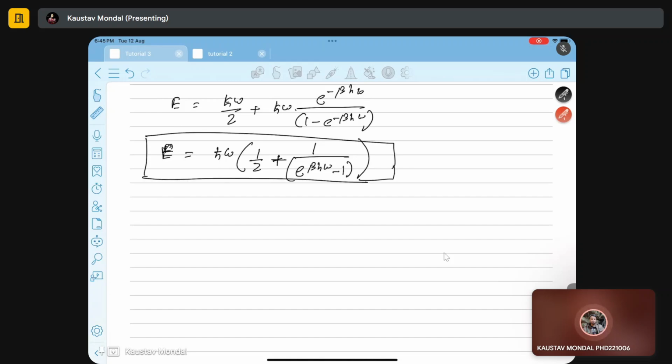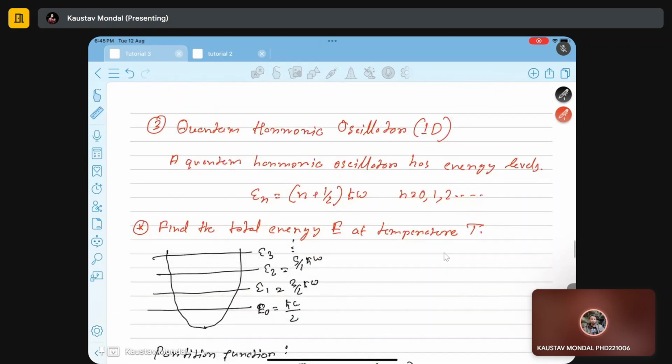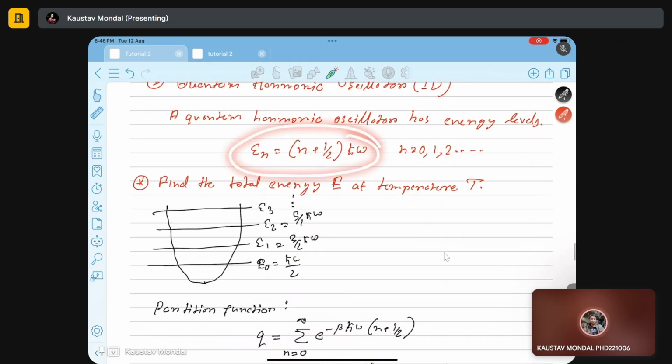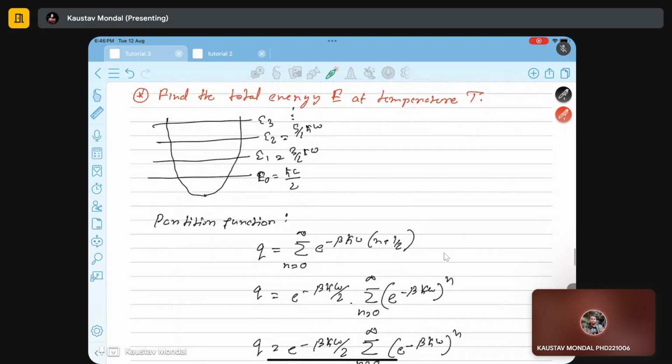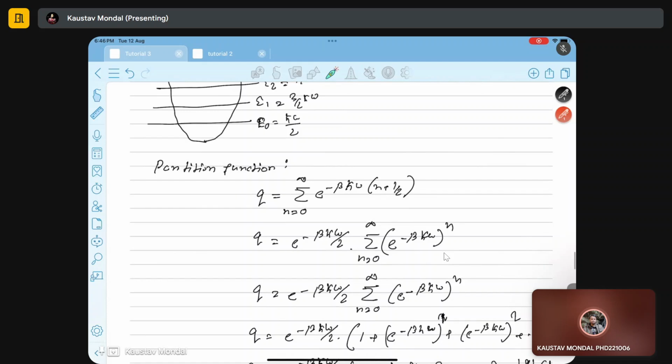So let me just repeat what we have done. This problem is different. Here we have to evaluate the total energy of a 1D quantum harmonic oscillator. The energy levels are already given, and we already know the energy levels of a quantum harmonic oscillator. The first thing that we do, as always, is the partition function.